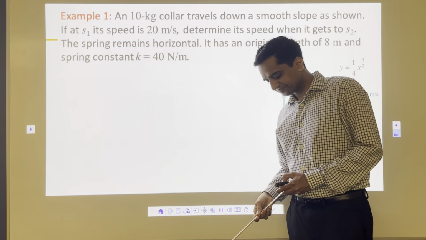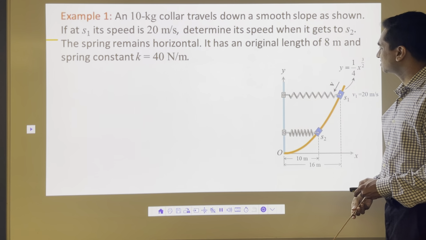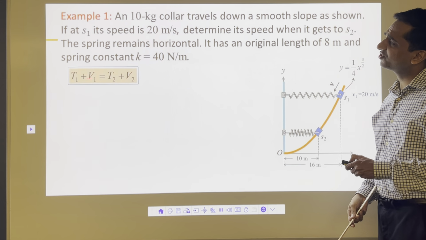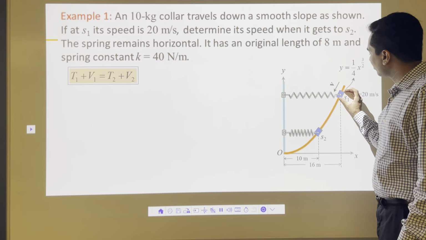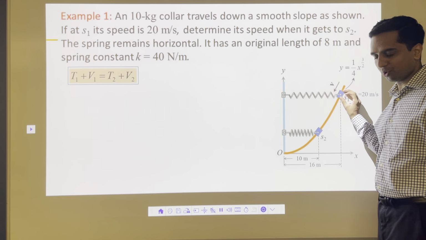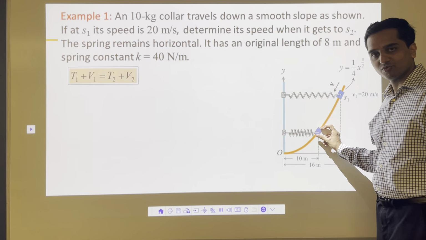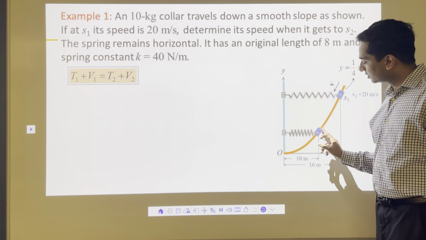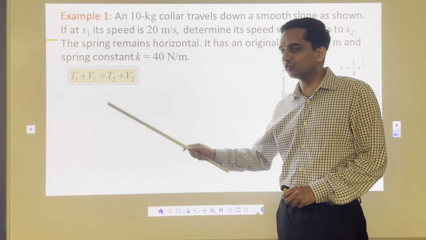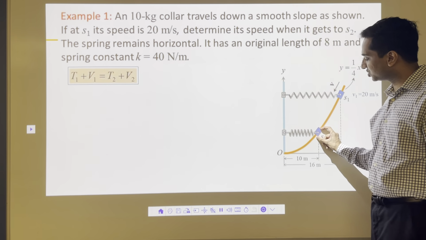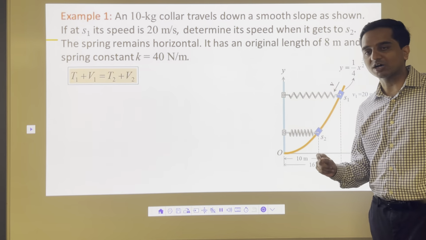For that, we are first going to use this equation, T1 + V1 is equal to T2 + V2. The idea is that whatever potential and kinetic energy we have at this point is going to stay the same as the potential and kinetic energy at the other point. So calculate that energy, especially the kinetic energy T2, and once you have that, you can calculate the velocity from 1/2 m V2 squared.